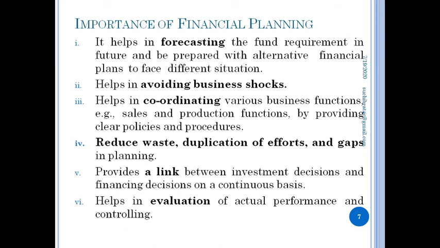Fifth, financial planning provides a link between investment decisions and financing decisions on a continuous basis. In the time of investment, there may be a thinking that fund should be available as much as possible so that they can make investment whenever any opportunity comes.